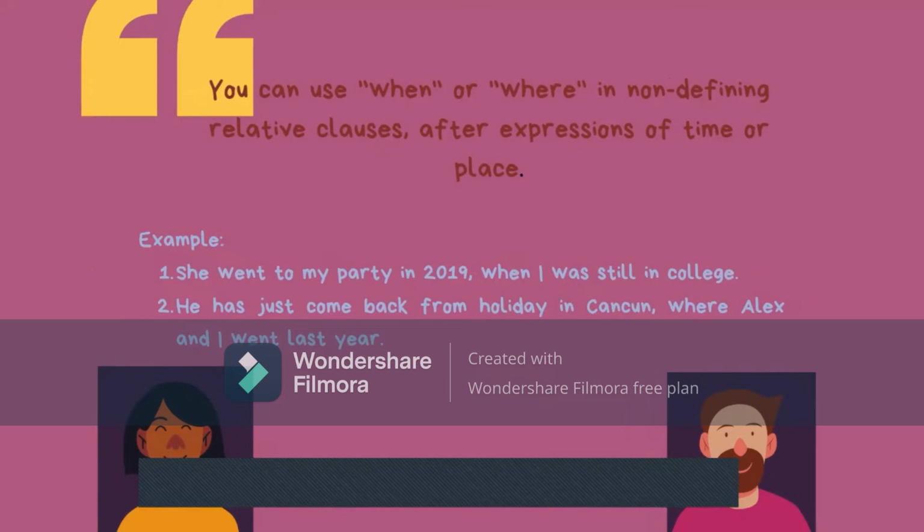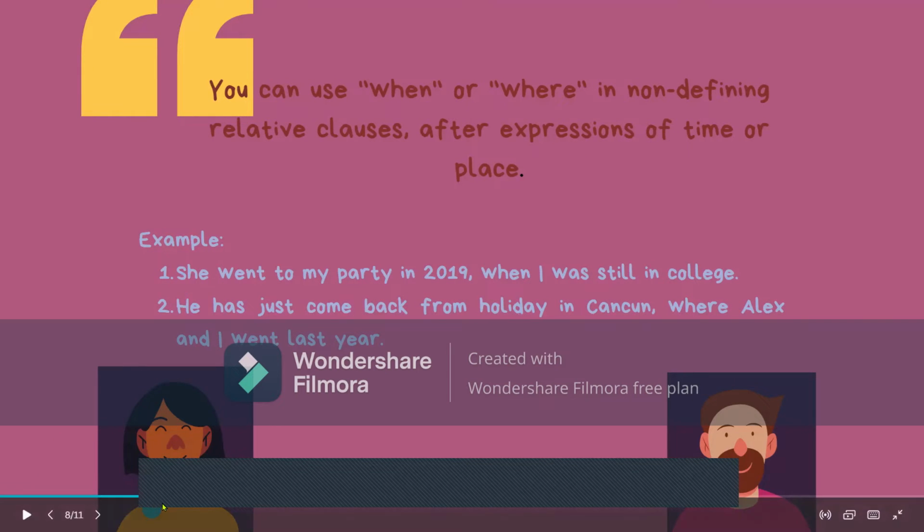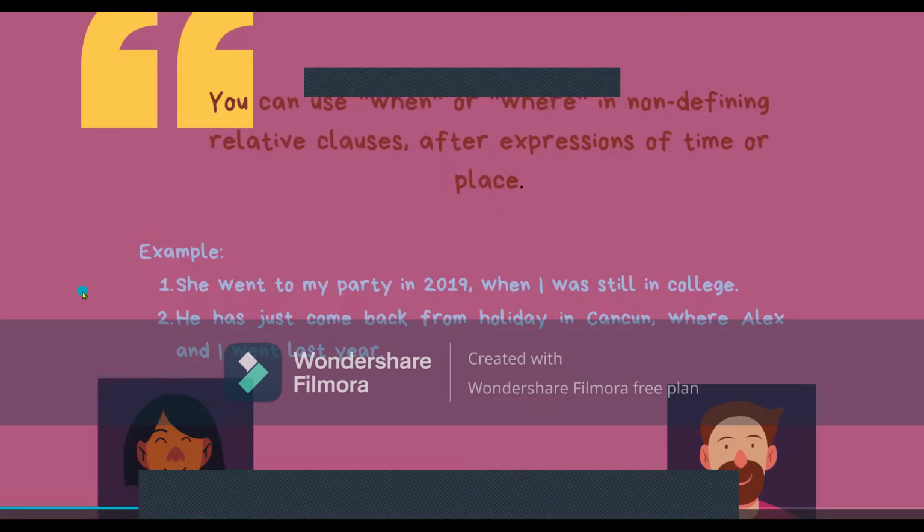Okay, so as Melanie was telling you, there were five different relative clauses. There are another two that we haven't seen, which are when or where. These two relative clauses are because of expressions of time and place. So you're going to use them when you want to specify a place or maybe the time of something.